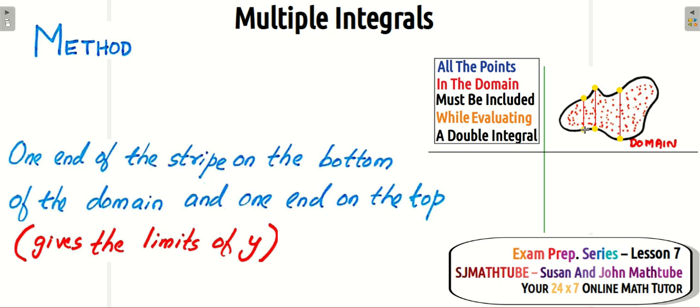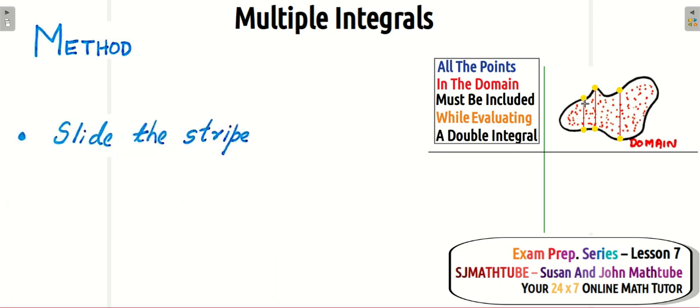And remember, this gives the limit of y. So the limits of y will be the function value here, and the limit of y here will be the function value over here. Okay, now imagine you're sliding the stripe from the beginning.